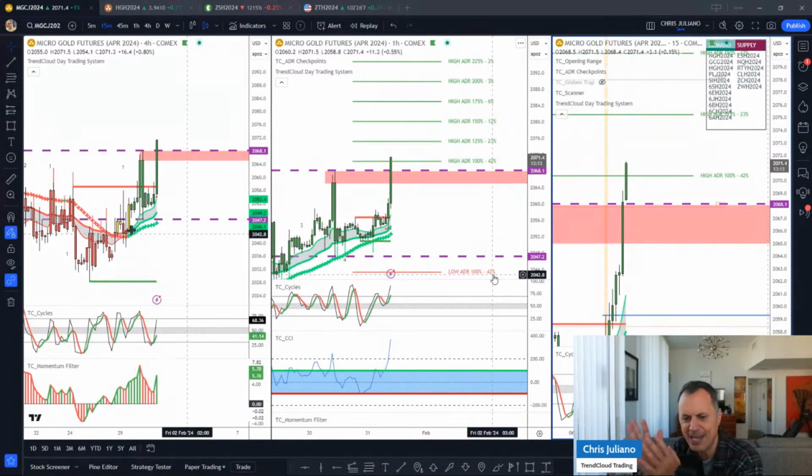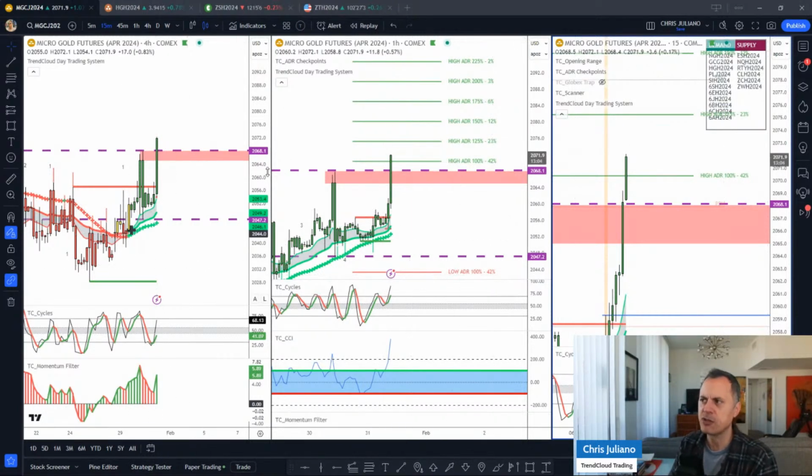Take the context of that movement and apply it to a strategy, right? You can apply that TrendCloud movement to many different strategies, right?